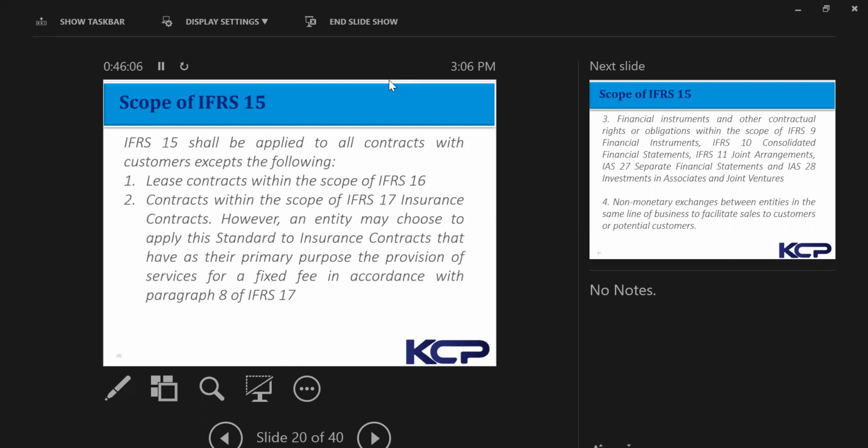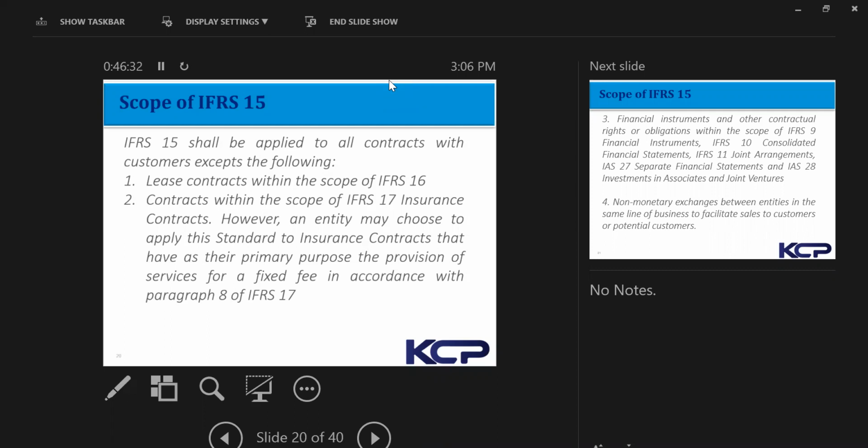Is that clear? Then contracts within the scope of IFRS 17, insurance contracts. Most insurance companies around the world, or within the countries that are already adopting IFRS, are now expected to strictly adhere to IFRS 17. That will be a training for another day.